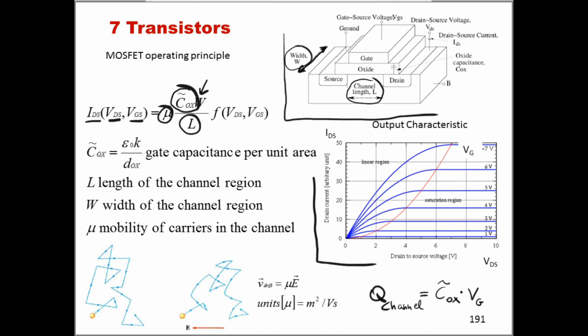Please note that the COX with this tilde symbol on top indicates the gate capacitance per unit area. So also this charge here is the charge per unit area. And here I've just reminded you about the relation between mobility, the drift velocity and the electric field.